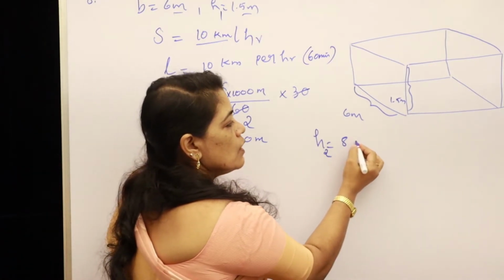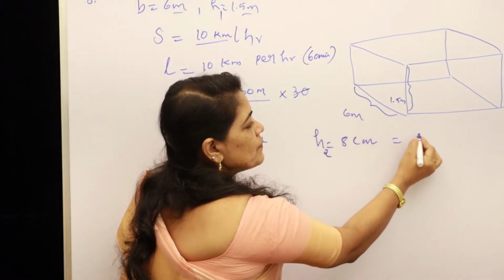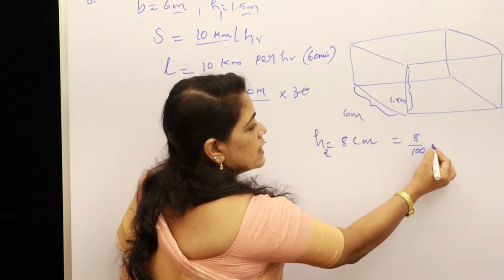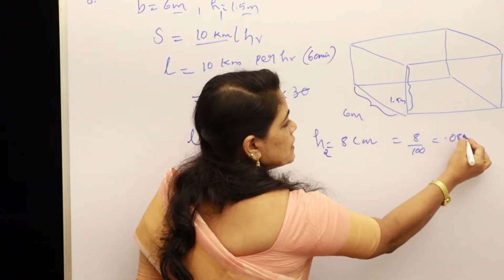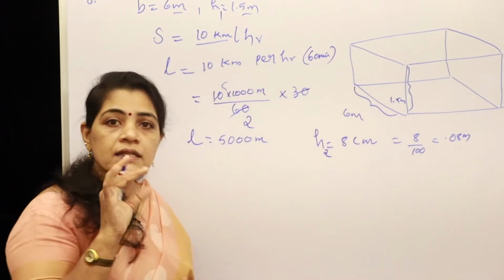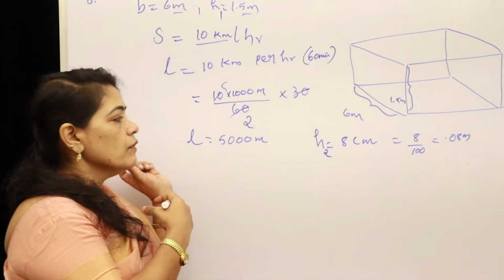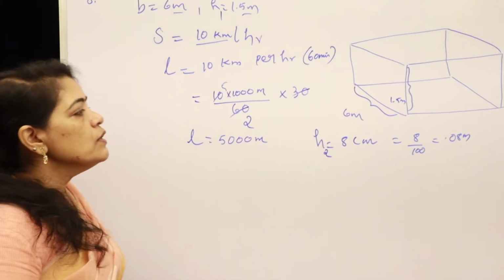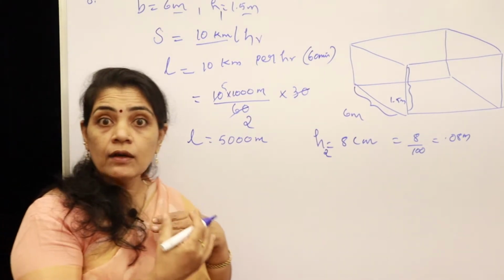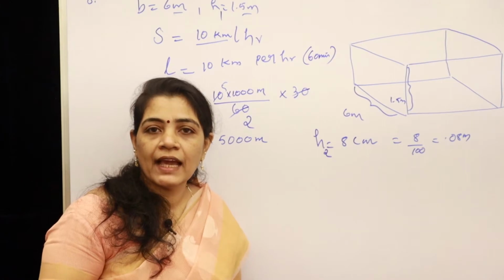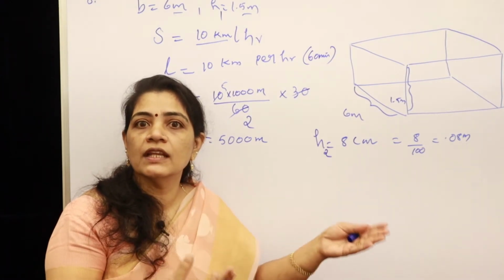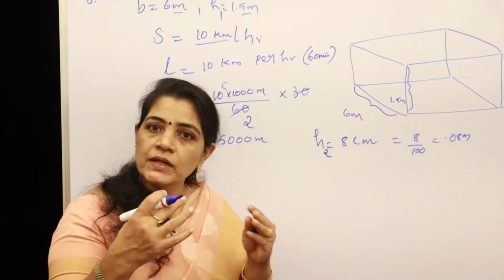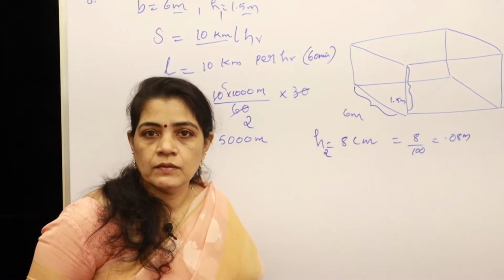So H2 is equal to 8 centimeter, that is 8 divided by 100, so 0.08 meters. Convert everything into meters, because that is how we found the dimensions of the canal. The volume of water which comes out from the canal in 30 minutes is used for irrigation, so you can equate both volumes.